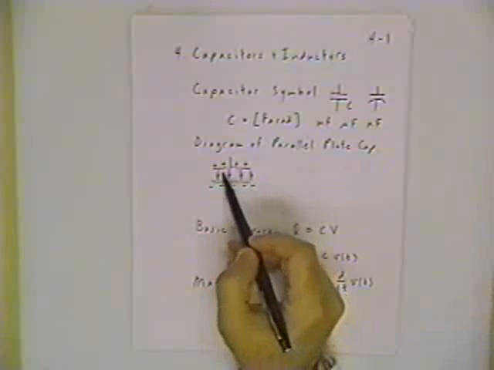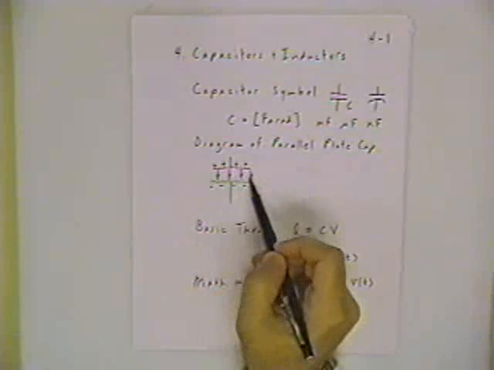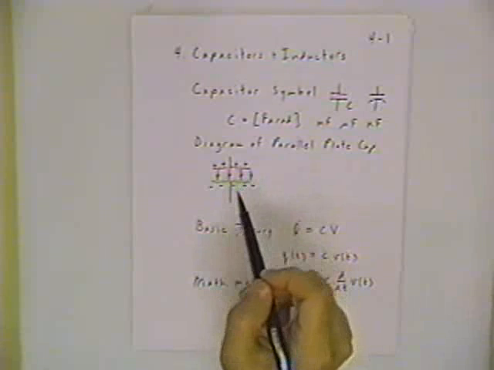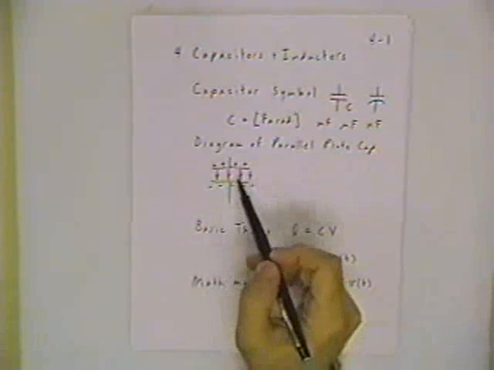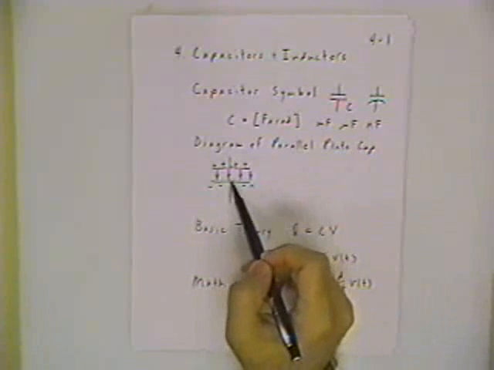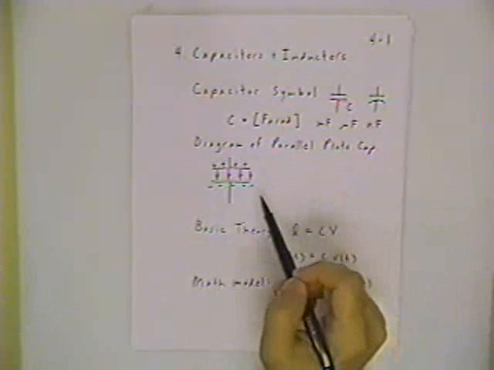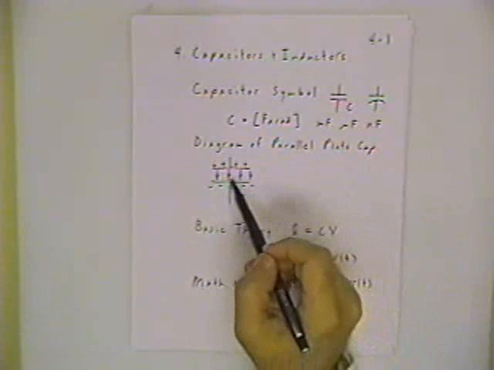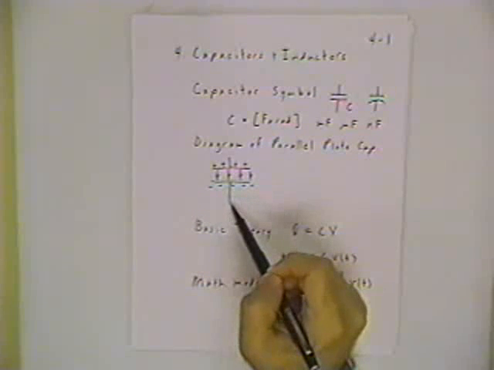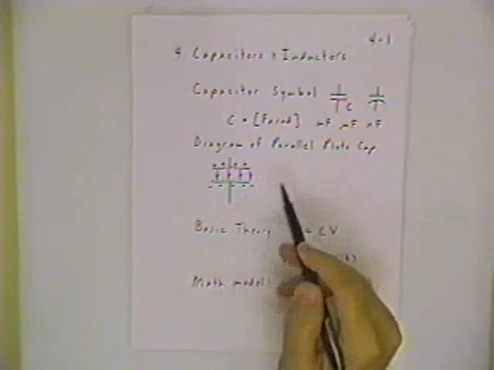And this actually is a form of energy that's being stored in this capacitor. That's one of the things that makes a capacitor extremely useful: it can temporarily store energy and release it back to the circuit at a later time, or it can be used to change the rate at which energy is flowing from one portion of a circuit to another.